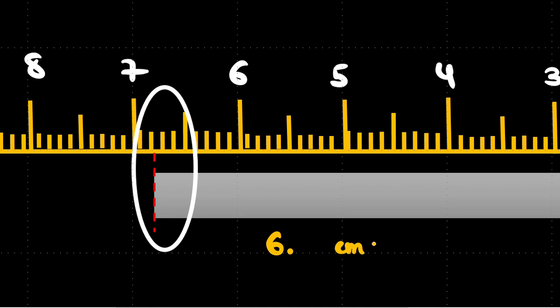So it's probably between 7 and 8 millimeters; this is 1, 2, 3, 4, 5, 6, 7. So you can write 6.7 or 6.8 centimeters, sorry.